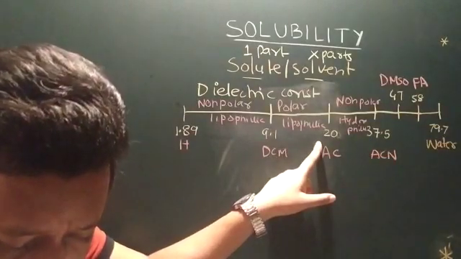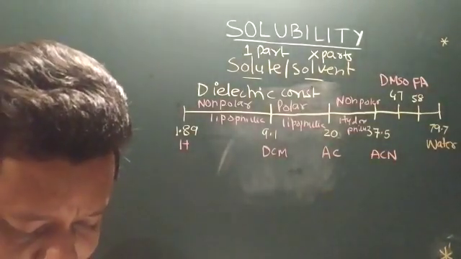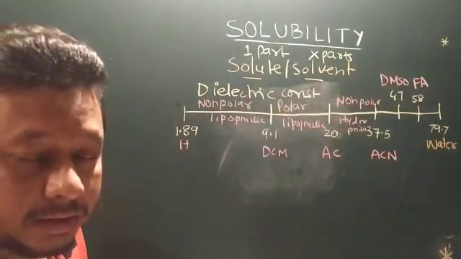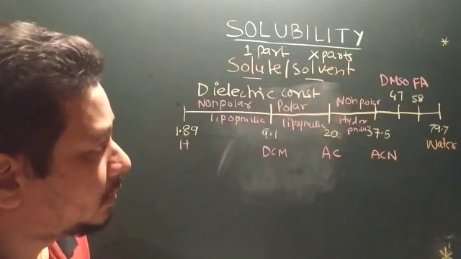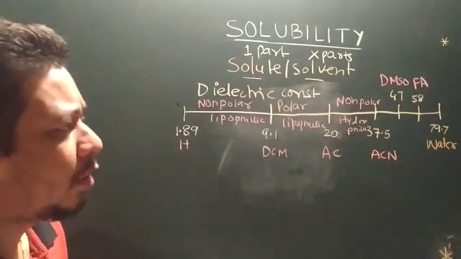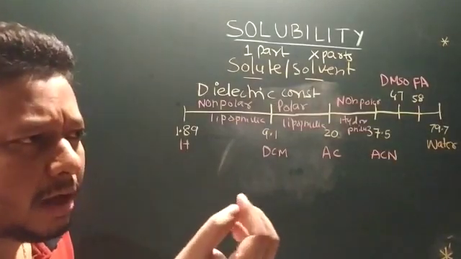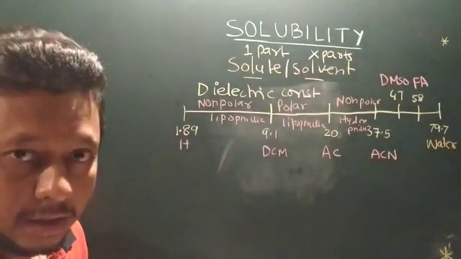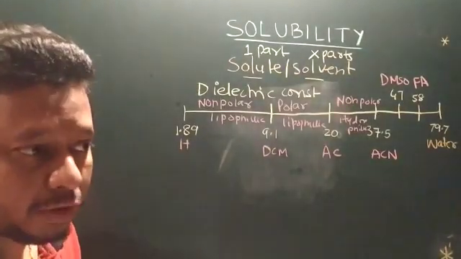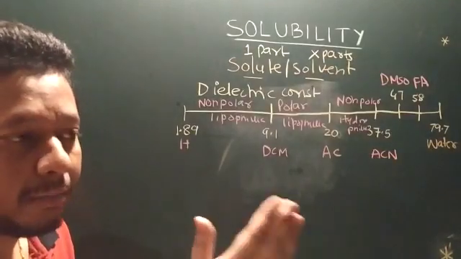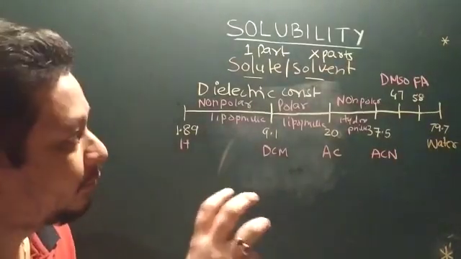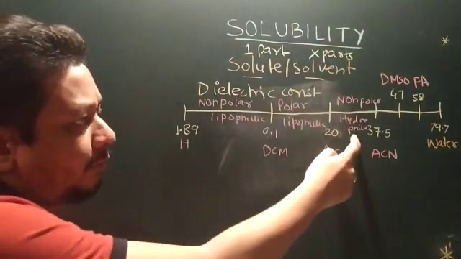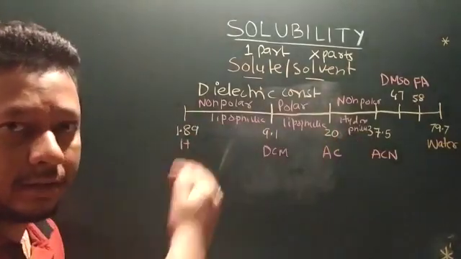So where does ethanol come? Ethanol comes after 20 to 37.5. That means it is hydrophilic. Ethanol and methanol are hydrophilic and have a non-polar nature. So compounds having weak polarity can also be dissolved in methanol and ethanol. Of course, methanol is more polar than ethanol because ethanol contains more carbon. If you increase the number of carbons, the hydrophilicity goes toward the lipophilic quadrant.